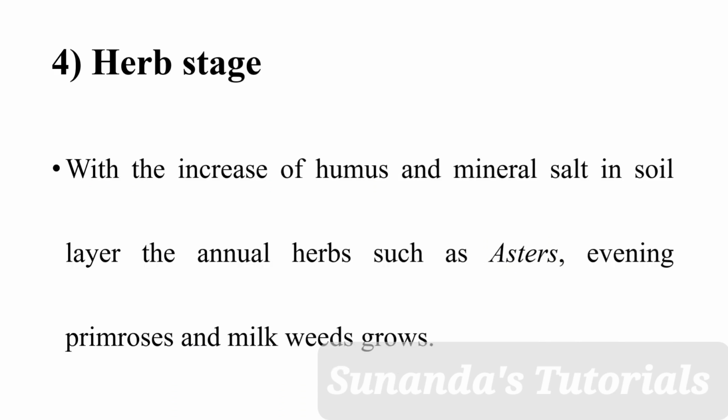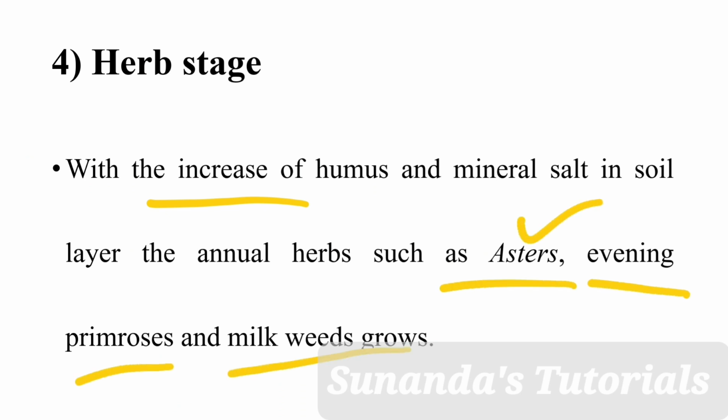Then after the moss stage, the herb stage appears. Here herbs like aster, evening primrose and milkweed grow.